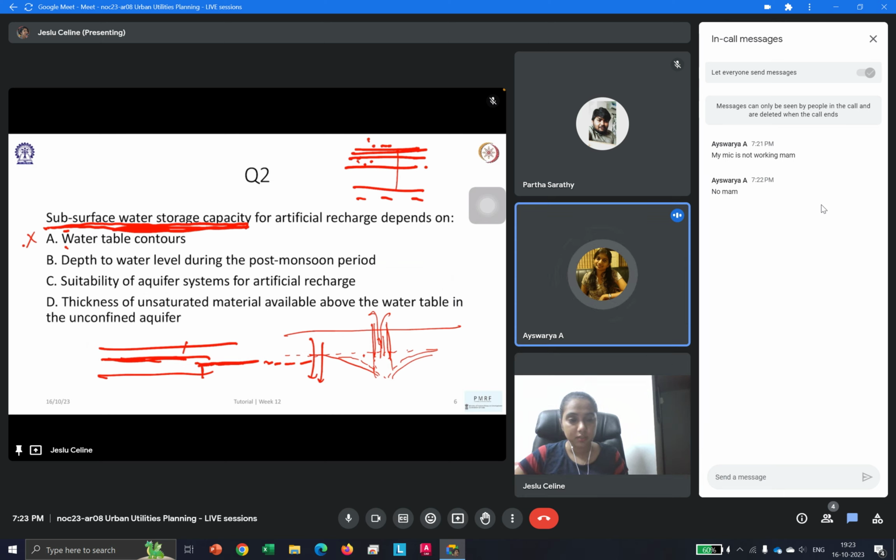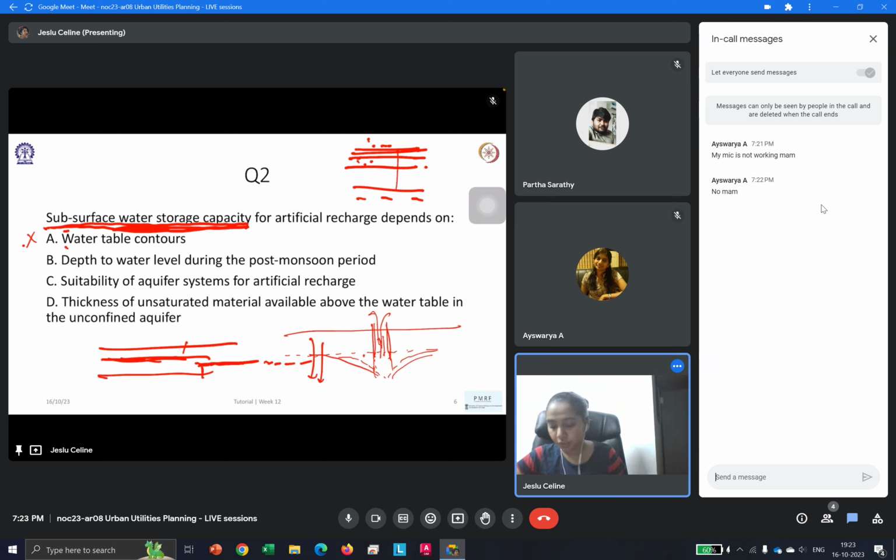Yes, ma'am, it will. Oh, very good. Your mic is working. So in that case, your subsurface storage depends upon your water table contours. Based on where your water table contour lies, your subsurface capacity will also change. How much it can hold will also change.